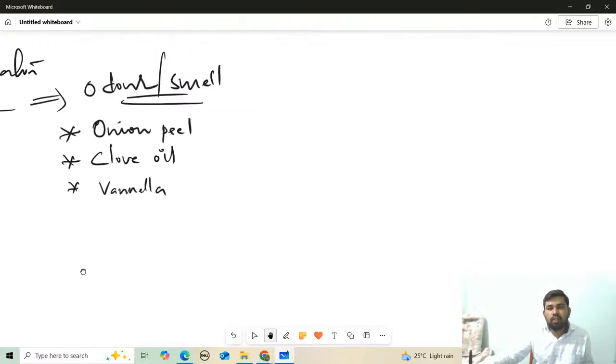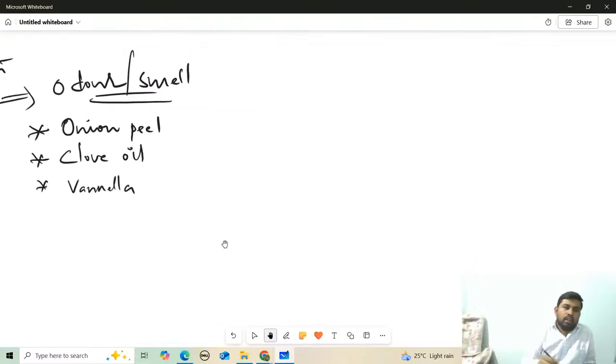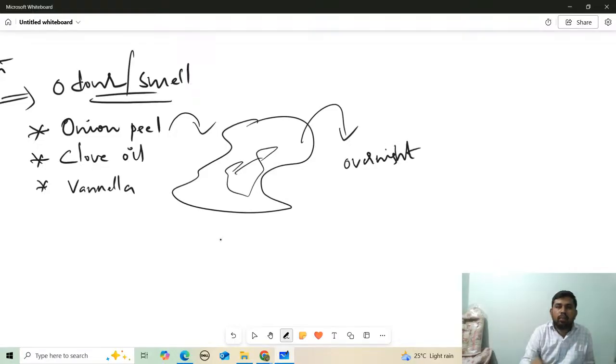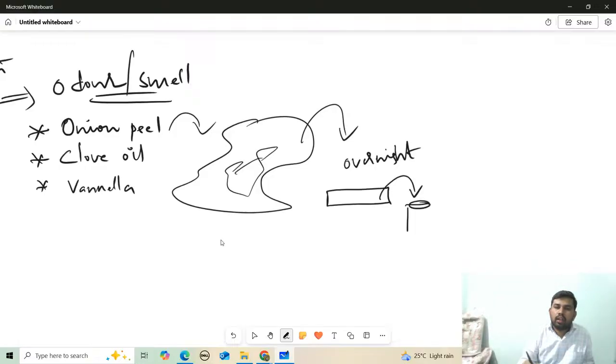Generally, they take an onion peel activity: take the onion peel in a cloth and keep it overnight. Then a piece of this cloth will be used as an indicator. We take a test tube and take a solution in it, let's say this is a solution of X.